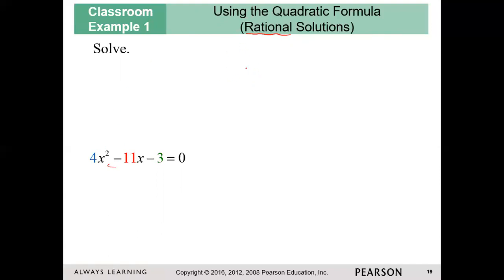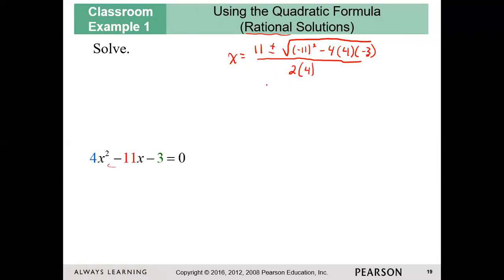All right. So we have x equals the opposite of b plus or minus the square root of b squared minus 4, a, c, over 2a.